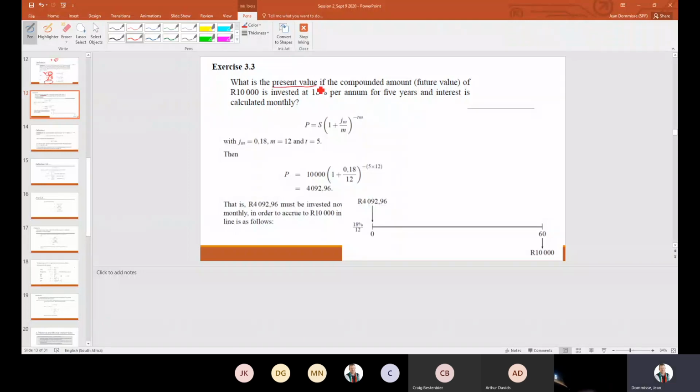If a compounded amount, future value is 10,000. Okay, so they tell us the future value is 10,000. And we basically are going to use the calculator with this one as well.